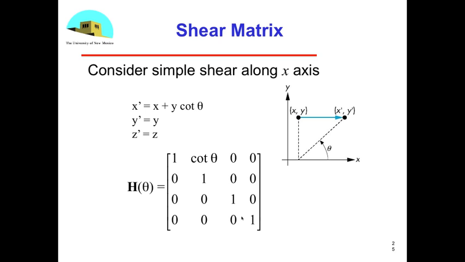Here's a 4x4 matrix that does shear. And what about the inverse? Well, that's easy. The cotangent of minus theta is minus cotangent theta. So if I shear in this direction, to undo it, I simply shear by that angle in the opposite direction. So that's another one.